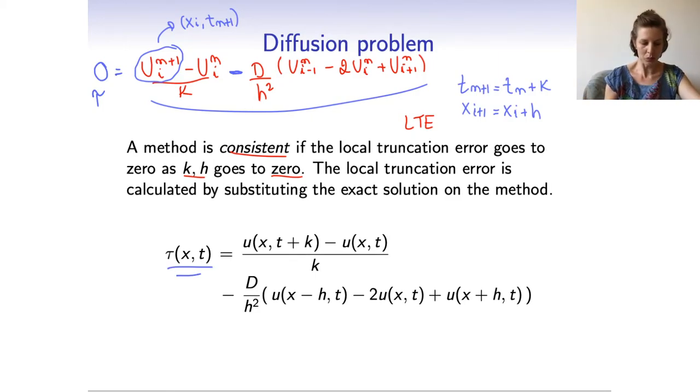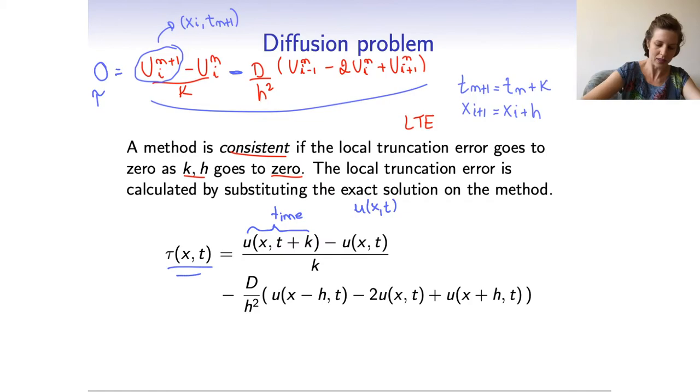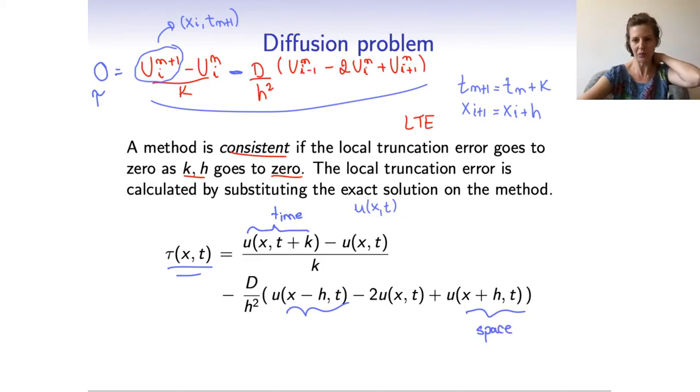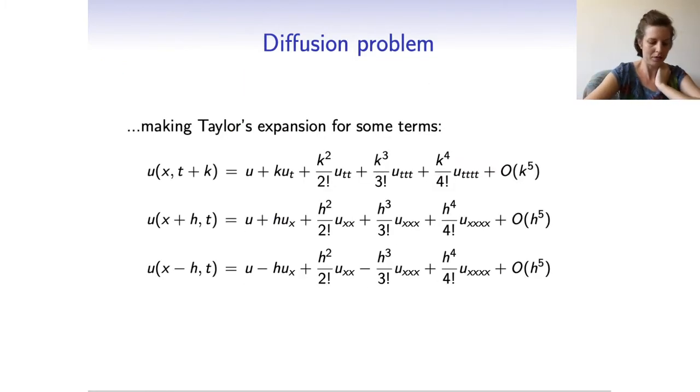So that's what we do, and observe that here we do some Taylor expansion around the point u(x,t) on time, and here we are doing some Taylor expansion on space, okay? So for the first one, u here is just short for u of x and t, okay?